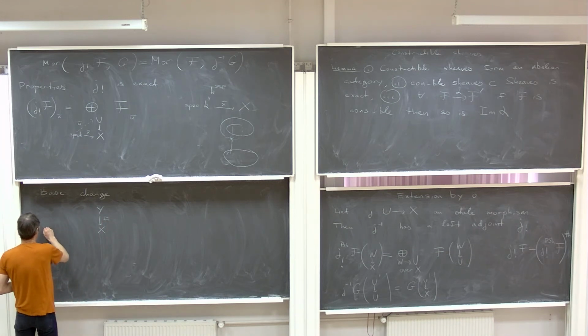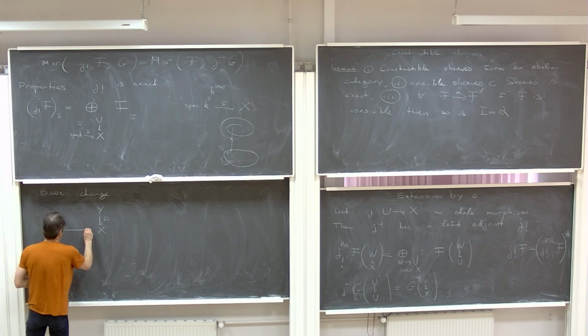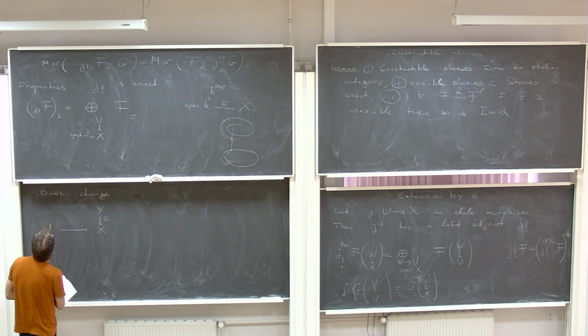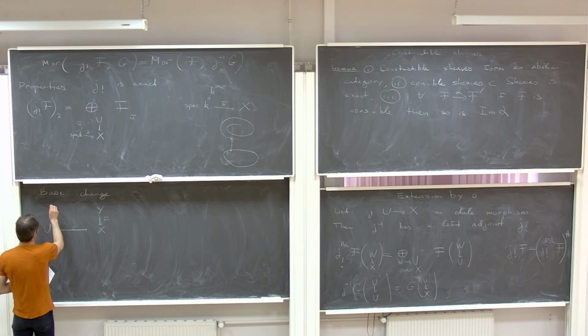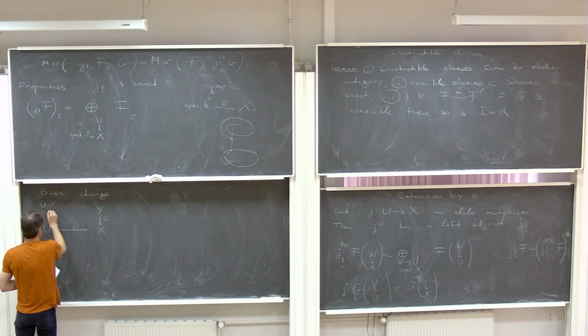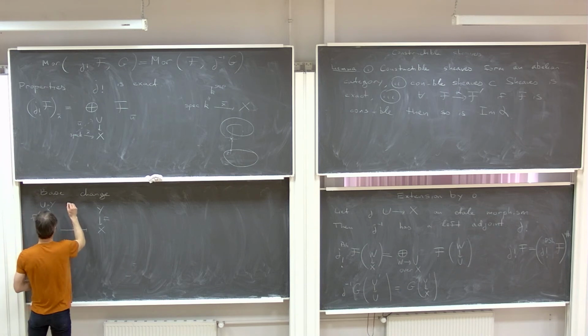And this is U. This is my j. This is étale. And I can form the fiber product U times Y over X. And I introduce some notation. So this will be f prime, and this will be j prime.